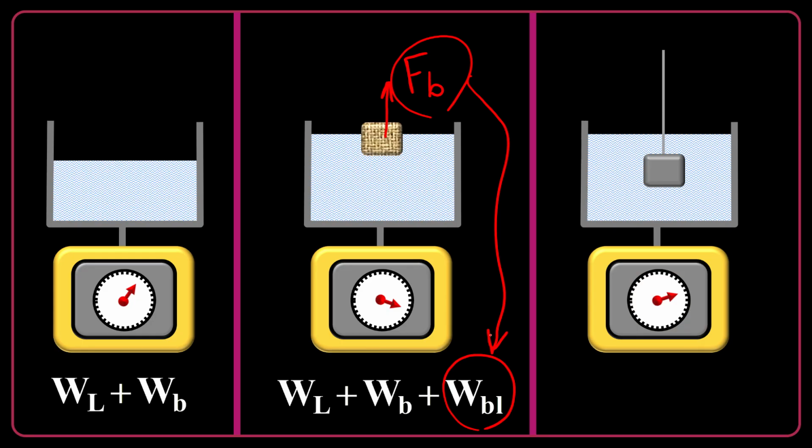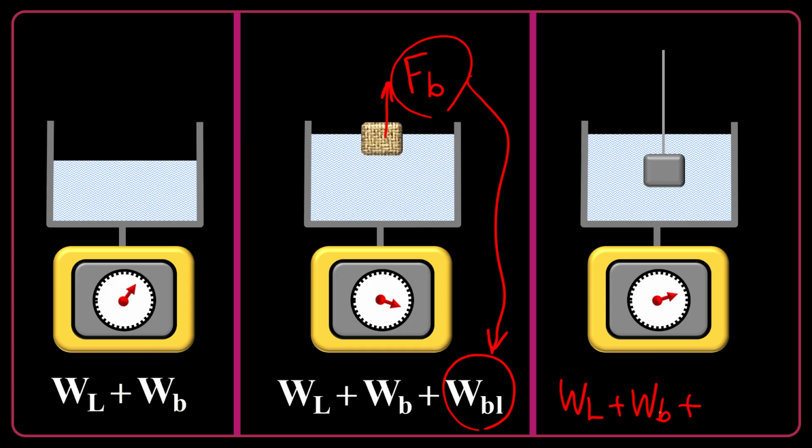The last is when you suspend a metal block. This metallic block actually has a very high density and it will sink if I leave it. But I've held it by a rope. What do you read on the screen? I start with the weight of the liquid, the weight of the beaker, and something.